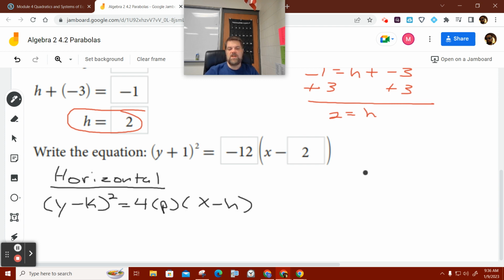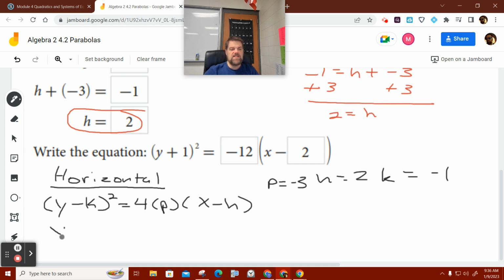And this is written up here on the top, but we said that h is equal to 2, k is equal to, what did we say k was equal to? -1, and p was equal to -3, right?